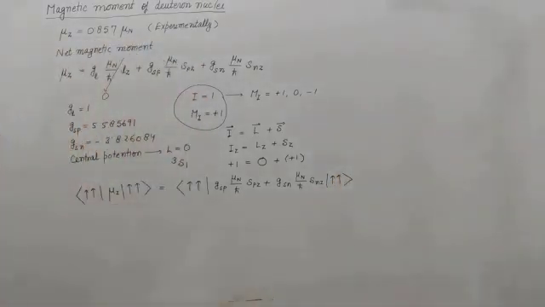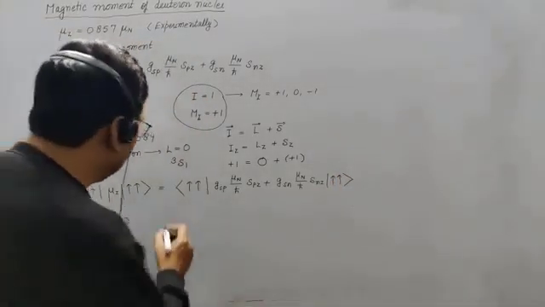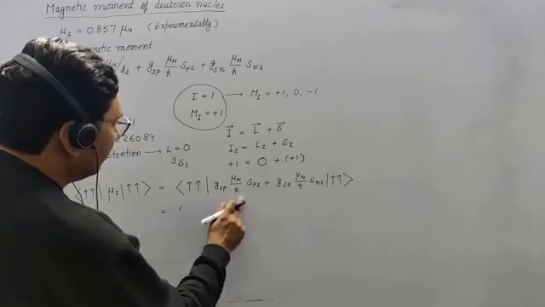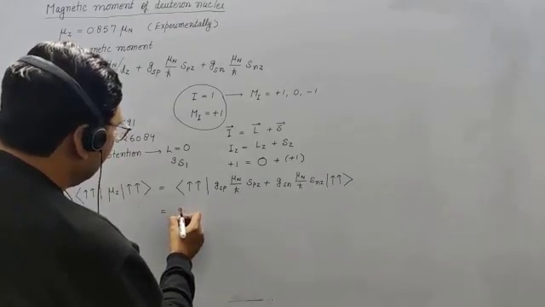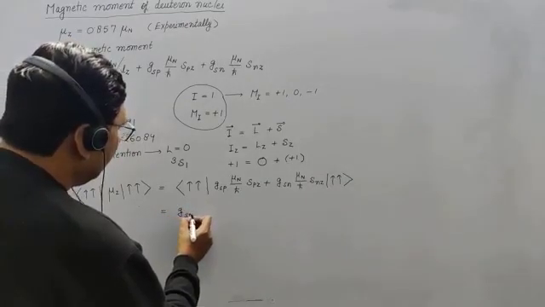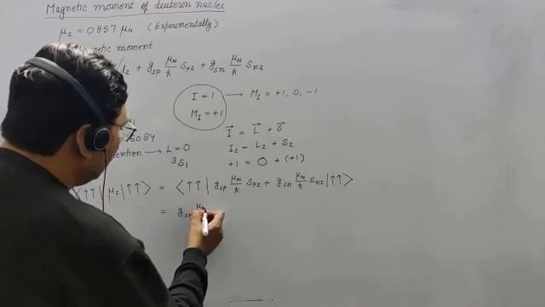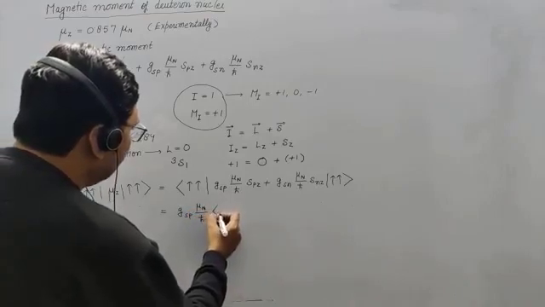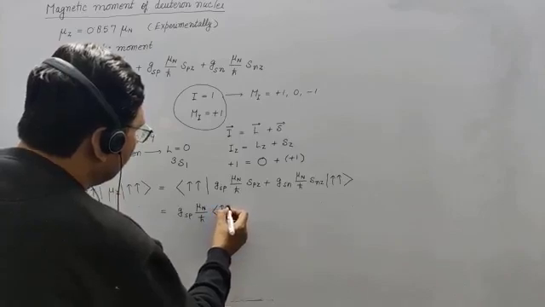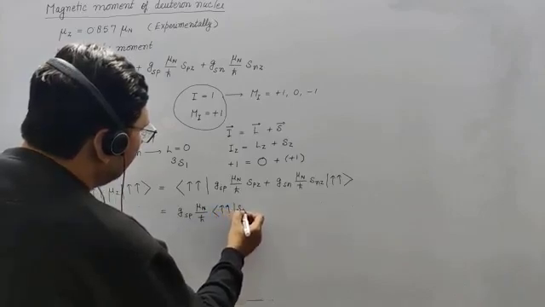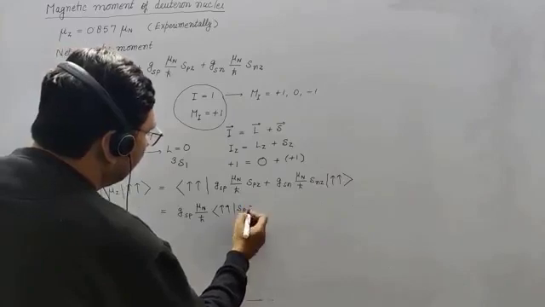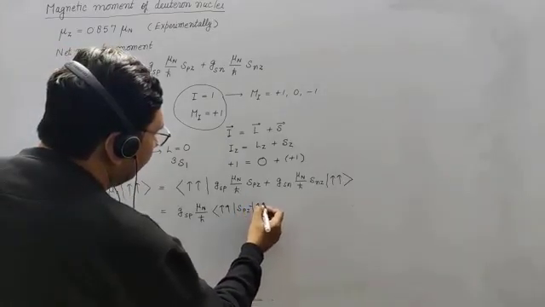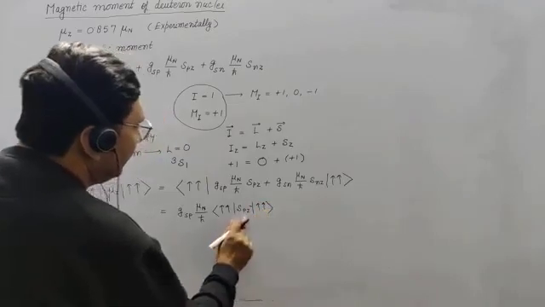We are going to find out this value. Now we will solve this. This is a constant, this is a constant. So here we will write this as GSP mu n upon h cross, and here SPZ, this is a spin operator.